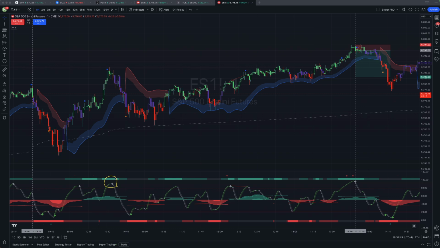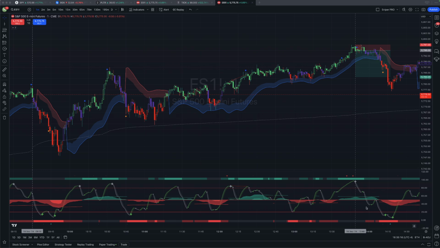And I have some settings that make that possible that I can share with you. One thing I do really like here is that we have some bullish and bearish flow. So we can make sure that if we're taking a Sniper 2.0 style trade, we're going with the money flow in that name versus trying to go against it.